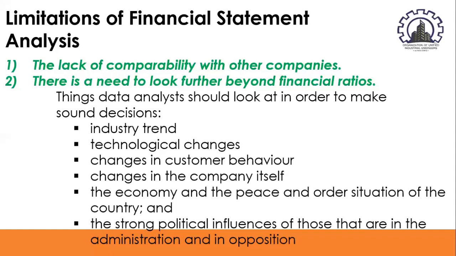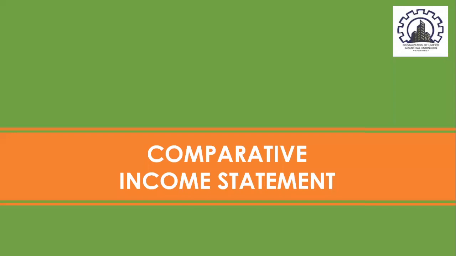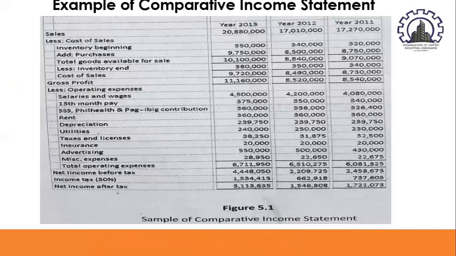And the next key area that we're going to be discussing is the comparative income statement. In order for us to better understand this, I am showing you an example of a comparative income statement. This is called comparative because we are actually comparing the current income statement to the previous income statements.